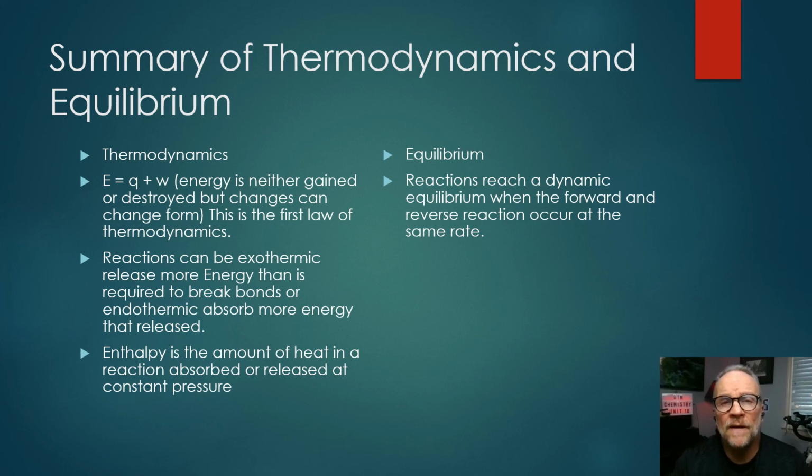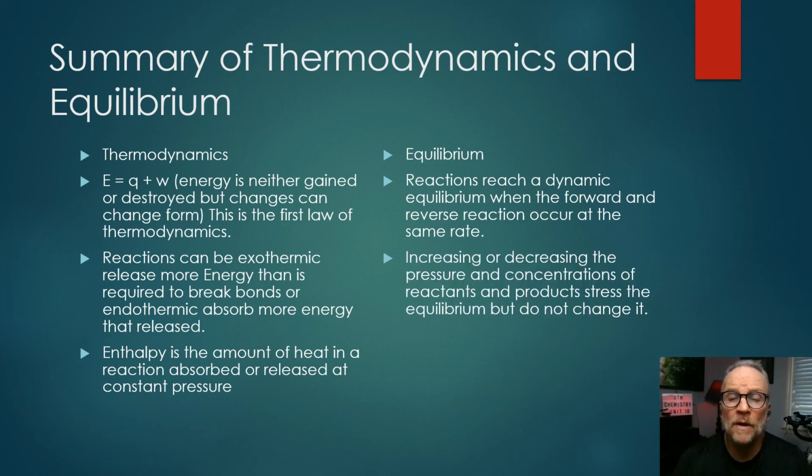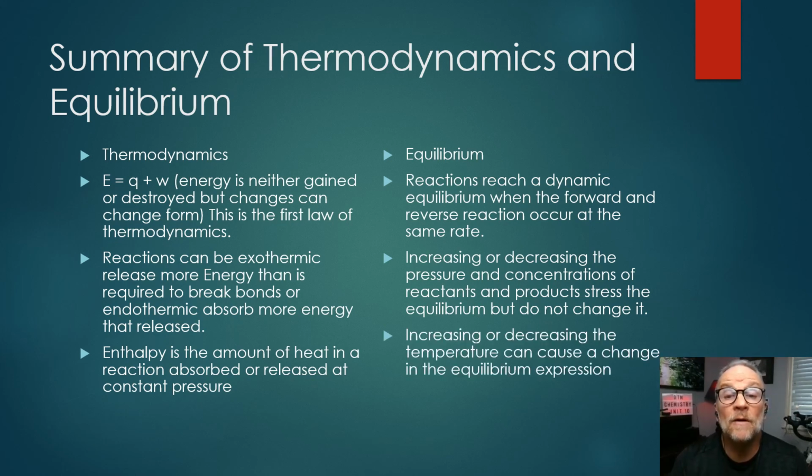And we said that the equilibrium is established when the forward and the reverse reactions occur at the same rate. Increasing or decreasing the pressure and the concentrations of the reactants and products stress the equilibrium but do not change it. Increasing or decreasing the temperature can cause a change in the equilibrium expression.